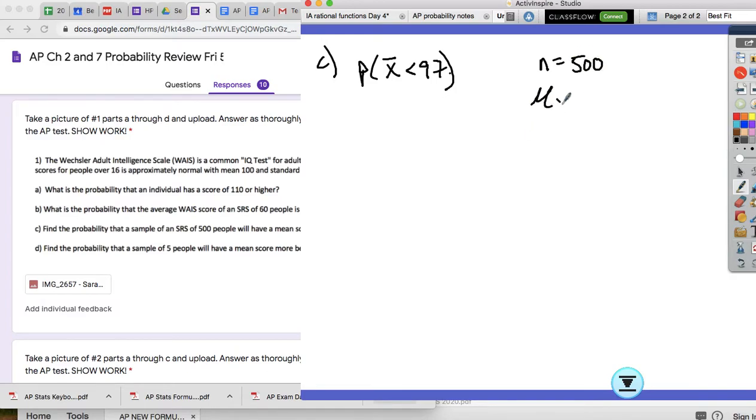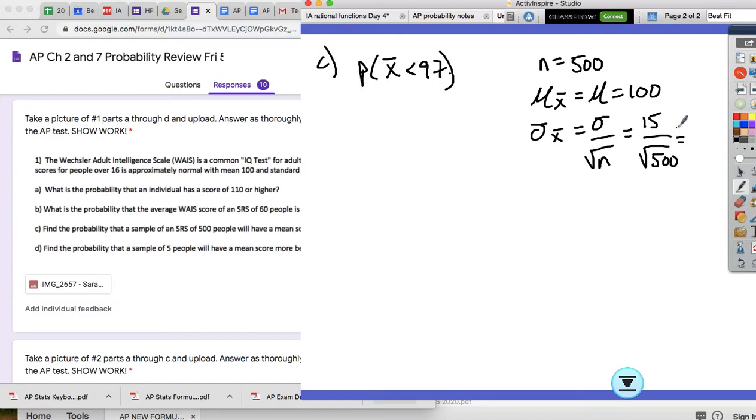So again, my mean will remain the same at 100. The standard deviation will be the population standard deviation divided by the square root of the sample size. And again, the population standard deviation was 15. If I divide by the square root of 500, I will get 0.67 for my standard deviation.